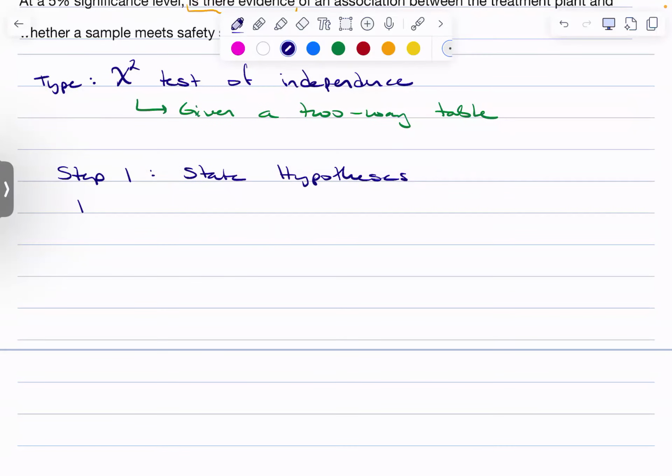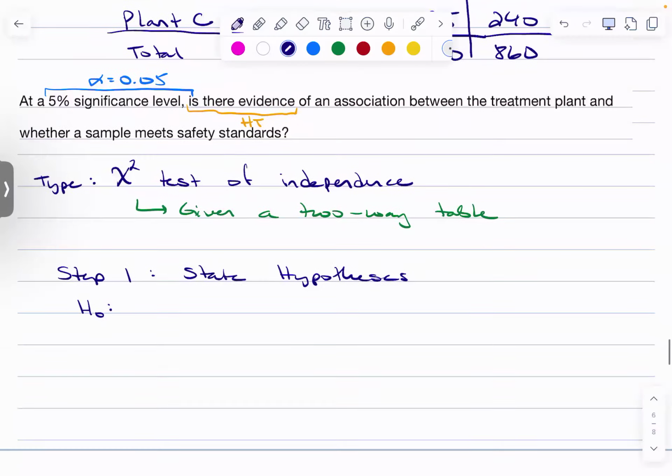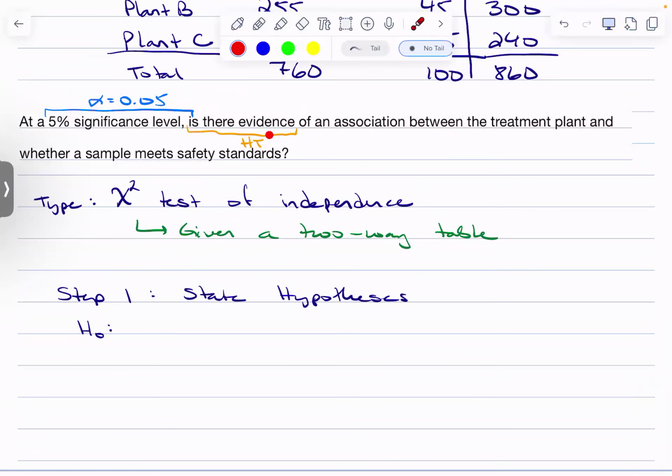Your null hypothesis. From your formula sheet, it just says variables are independent. You need to elaborate a little bit more on that, but you can take, there's no association between the treatment plant and whether a sample meets safety standards. Just kind of take the neutral statement of the question. That's one way to do it.